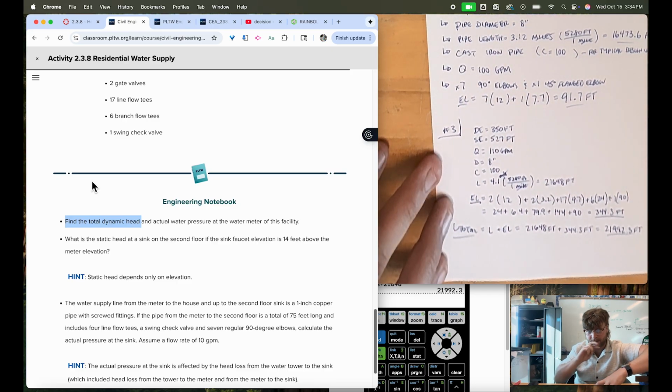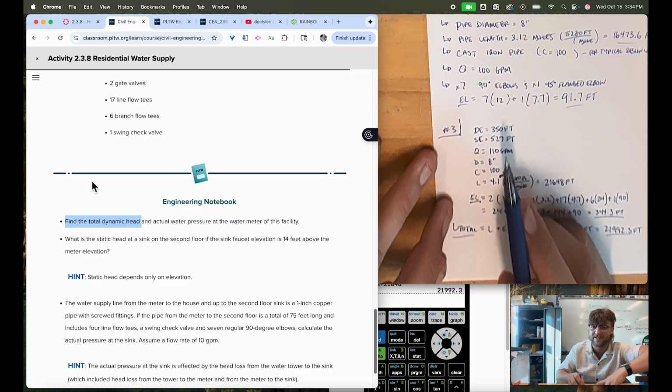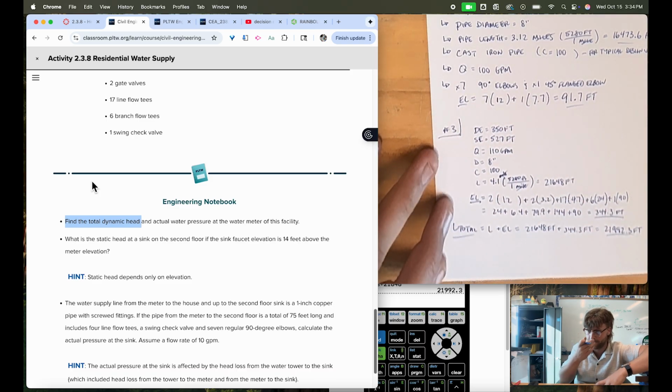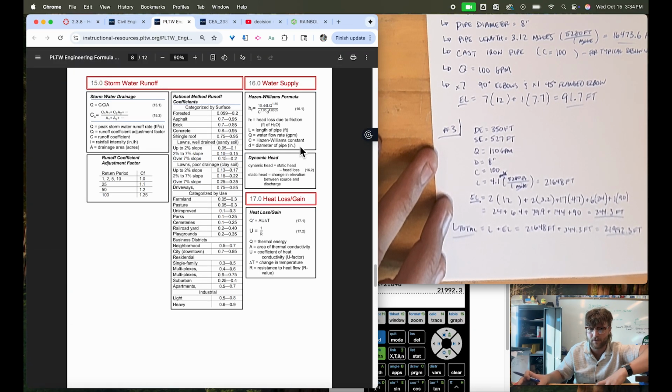So they also ask, what is the static head at a sink on the second floor if the sink faucet elevation is 14 feet above the meter elevation? So basically the discharge elevation, instead of it being 350, we're going to add 14 feet to determine that. Okay, so let's pop on here to our equation sheet before we get started.